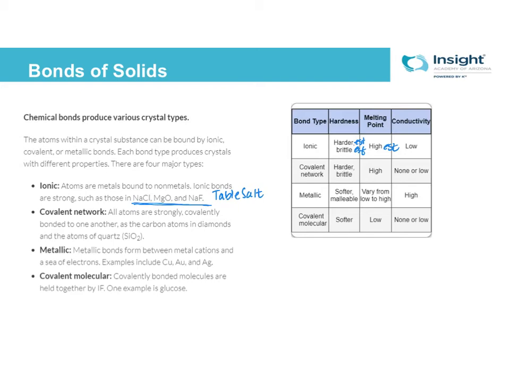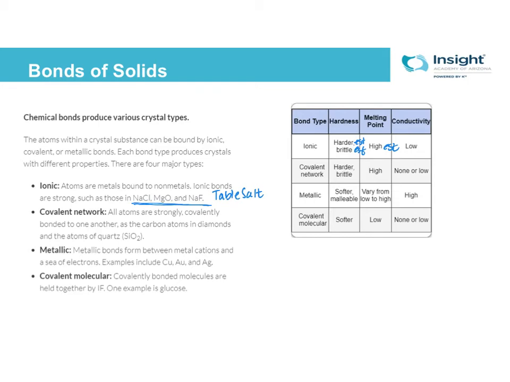They are also hard and brittle, but not quite as much as our ionic bonds. They also have really high melting points and boiling points, but not as high as our ionic bonds. And they too have either zero or very low conductivity.